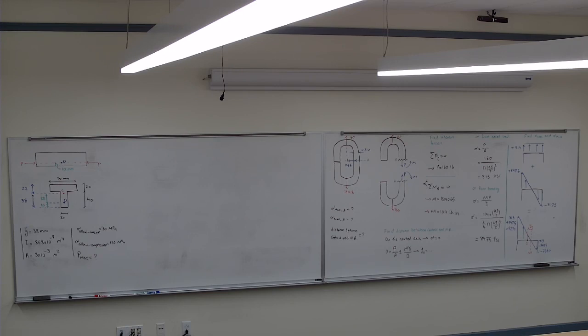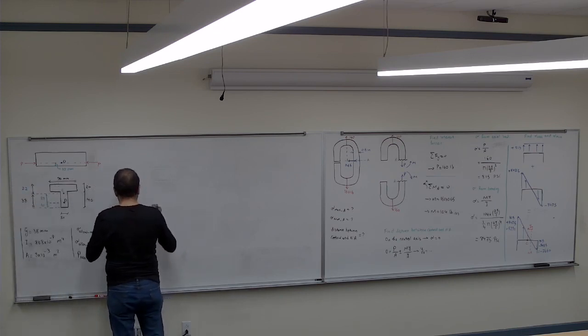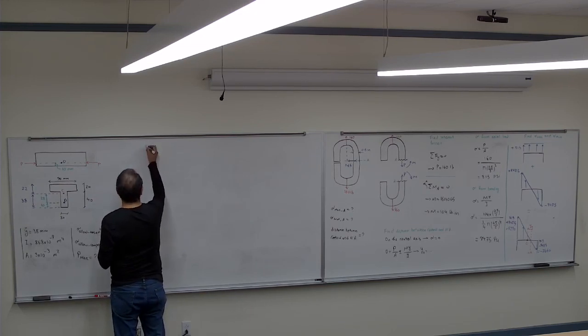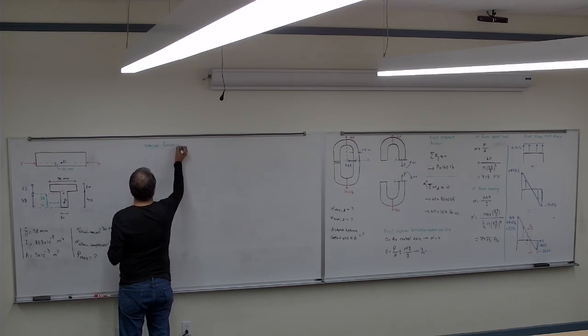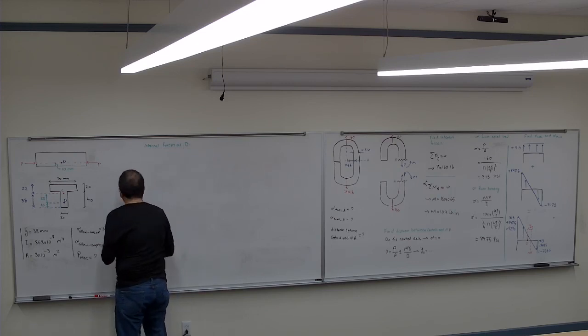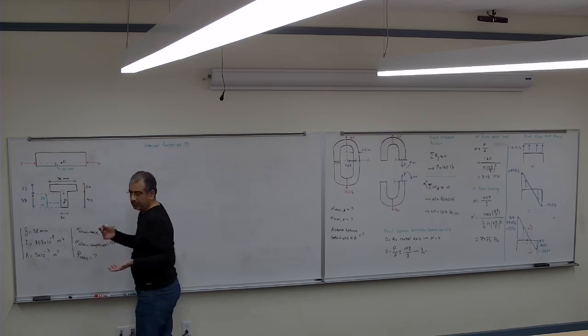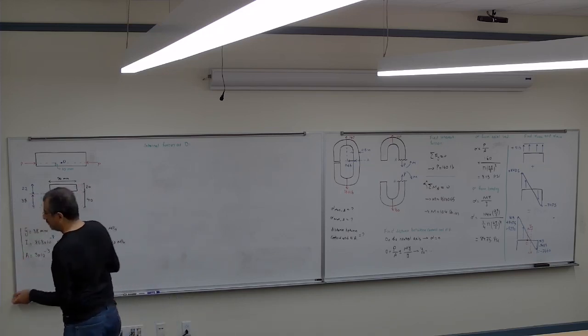So the very first thing that we need to go ahead and find is the internal force at the D. So if I go ahead at the D and say internal force at the D, I'm going to draw the cross section initially to see what it looks like. But what I have is something like that.